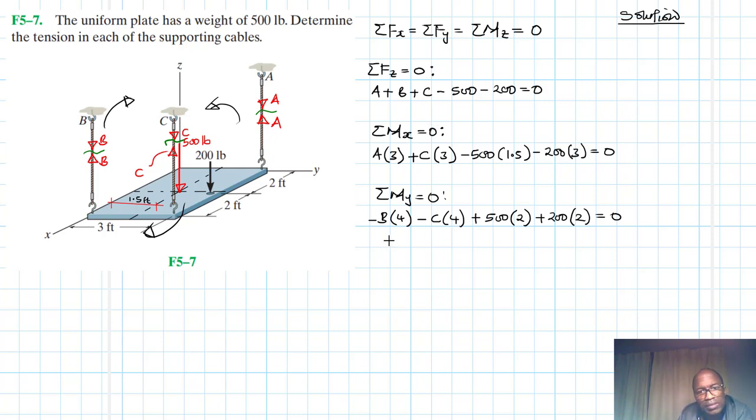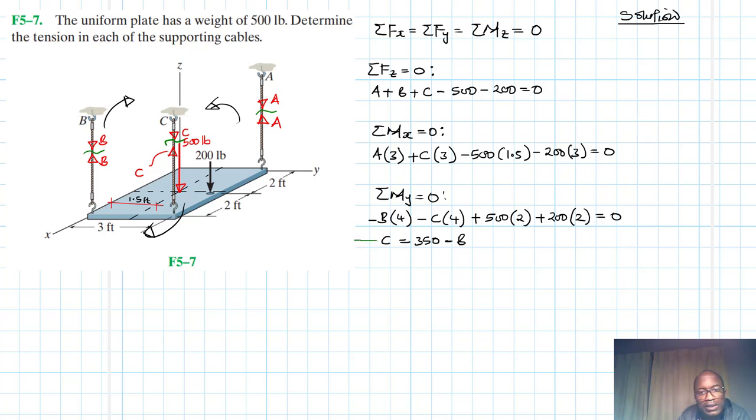Making C the subject of the formula, C is going to be equal to 500 by 2 plus 200 by 2, that's 1400, then divided by 4, so we'll have 350, and then the other one is just going to be equal to minus B. So this is our C.